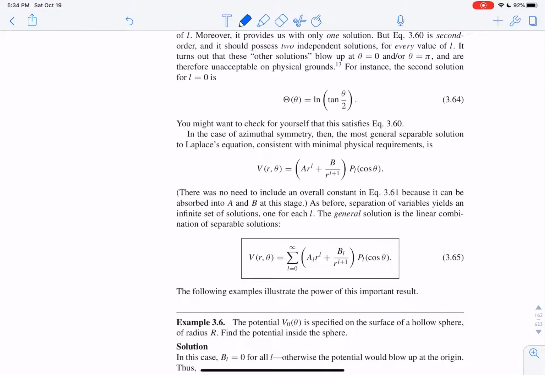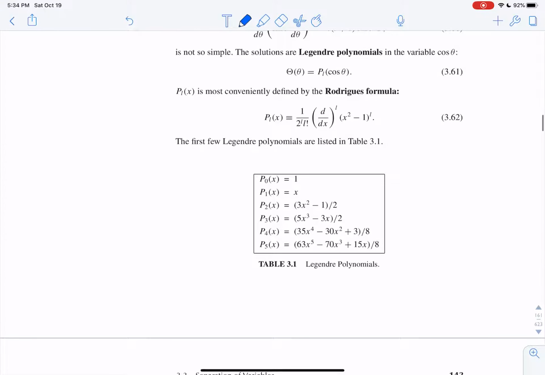So the general solution is a linear combination of a sub L, r to the L, plus b sub L over r to the L plus 1, times your P_L of cosine theta. So it's either 1, cosine theta, 3 cosine squared minus 1, and so on, because we have P0 of cosine theta when we do these problems.